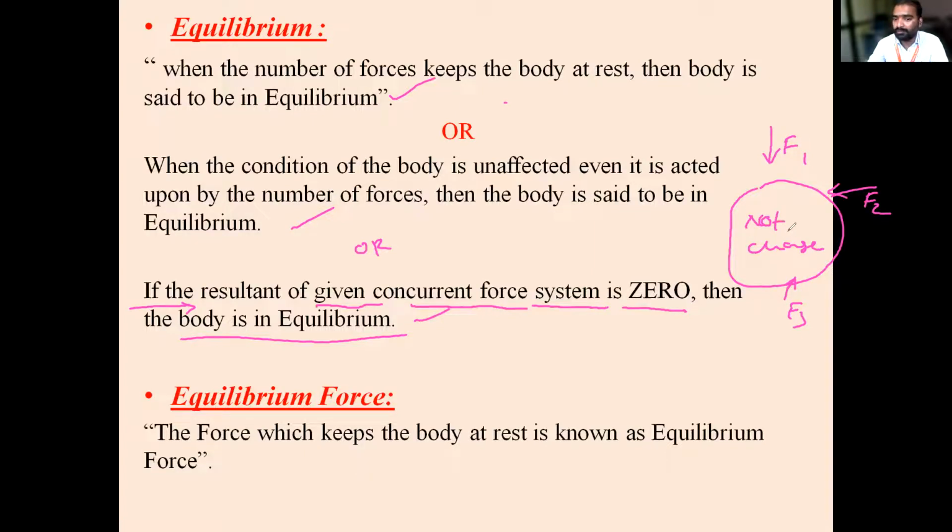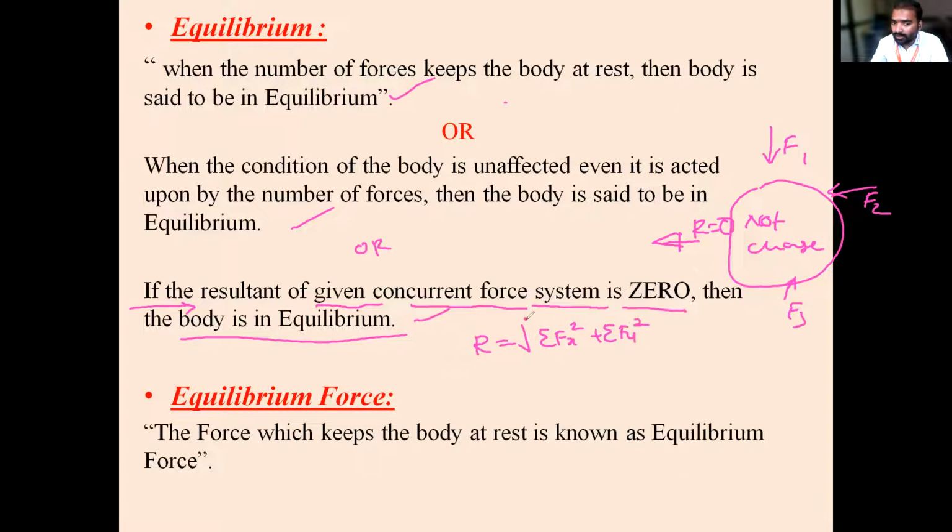Or else, with respect to all these forces, there is a resultant force. If this resultant force is equal to 0, then the body is said to be in equilibrium. When the resultant is equal to 0, what is the resultant equal to? Square root of sigma Fx squared plus sigma Fy squared.